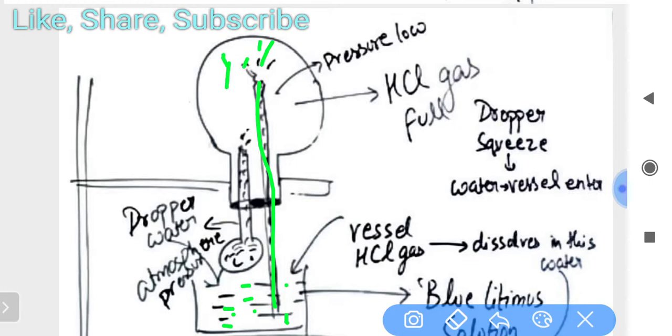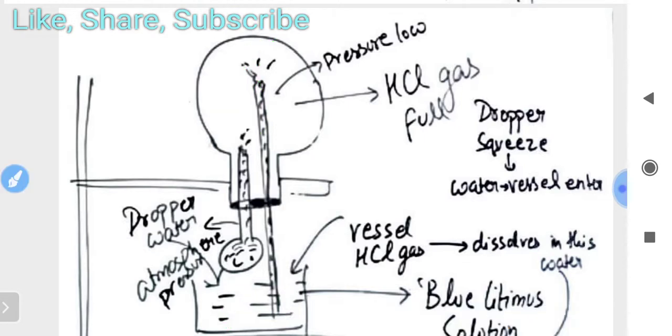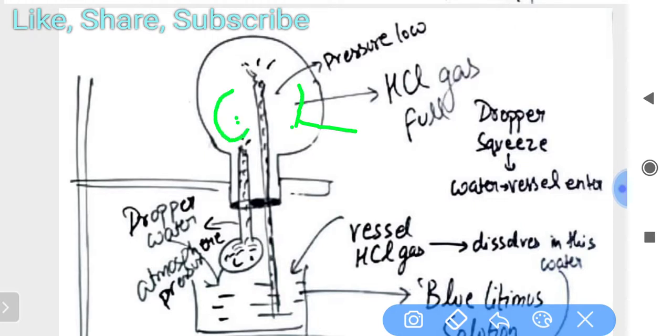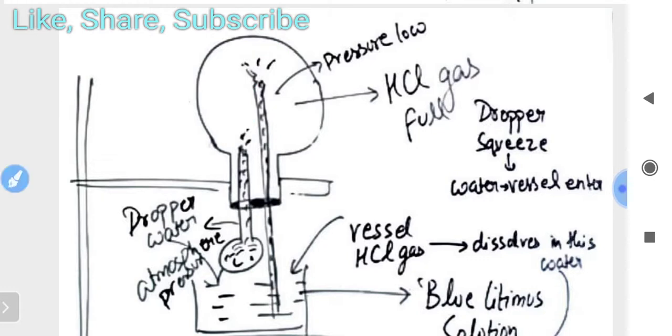Now you can understand how we can say that this is soluble in water, because here the volume becomes zero, or the whole amount of HCl gas is captured within a few drops, only 2 drops or 4 drops of water. So HCl gas is completely dissolved in these molecules of water.